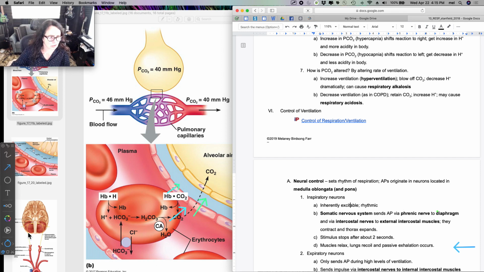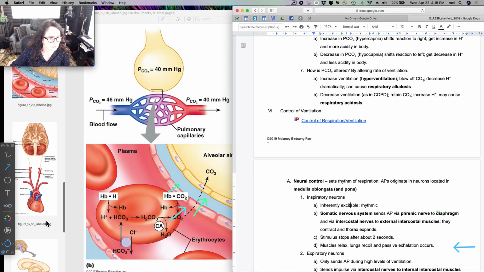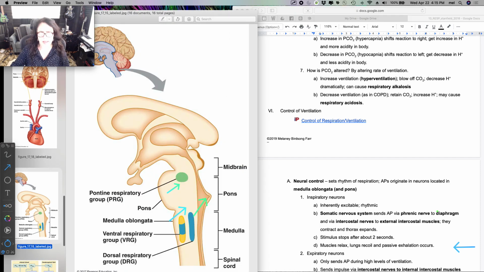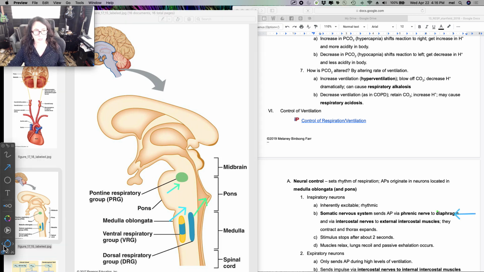I kind of talk about it in anatomy, but there are two respiratory centers, and I won't hold you responsible for the individual names of them, but the two respiratory centers are a respiratory group that's in the pons, and then some respiratory groups that are in the medulla oblongata. So those two work together to control ventilation.